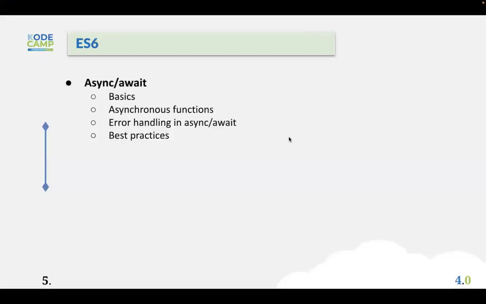And moving forward, we have async await. These are syntactic sugar added to promises. So instead of writing promises and chaining promises, you mark the function as async.